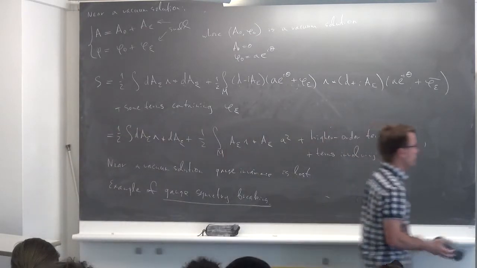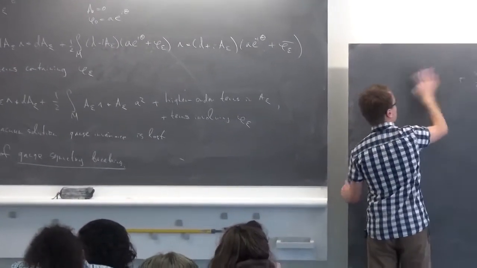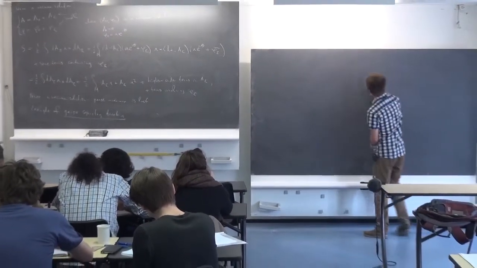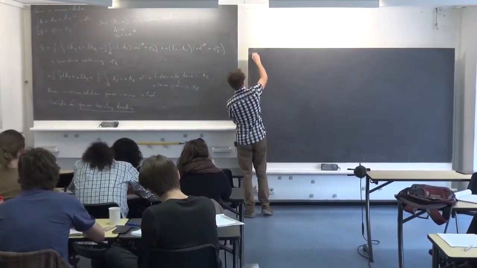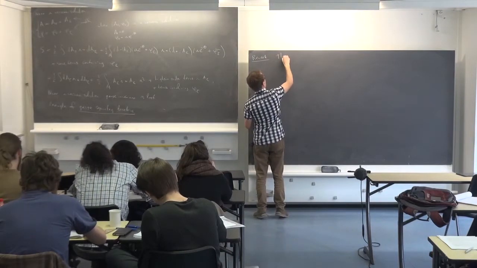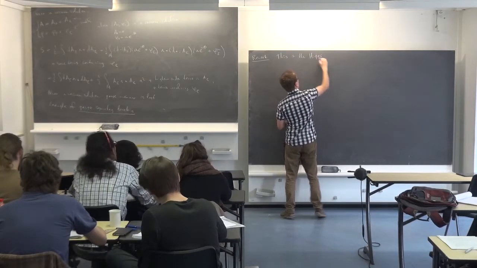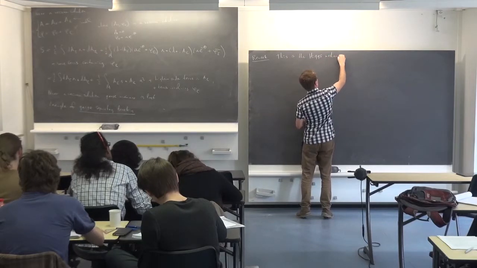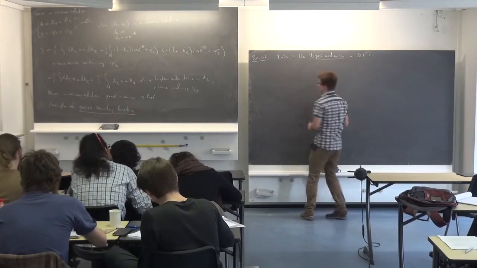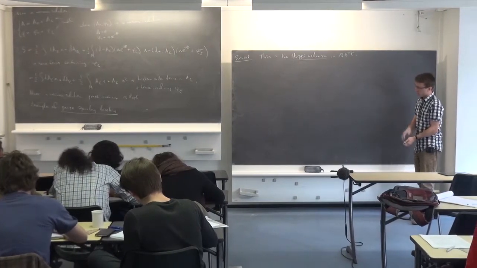Let me just remark that this is important in physics. This is known as the Higgs mechanism. In quantum field theory, this is the mechanism where you start with a gauge theory. Gauge theories are particularly nice.